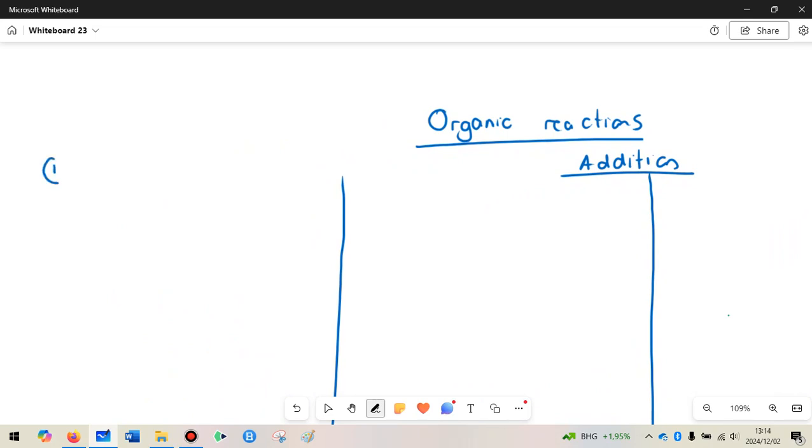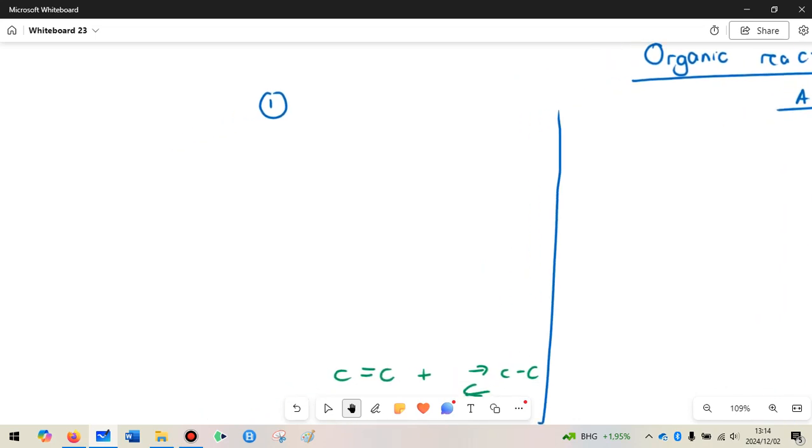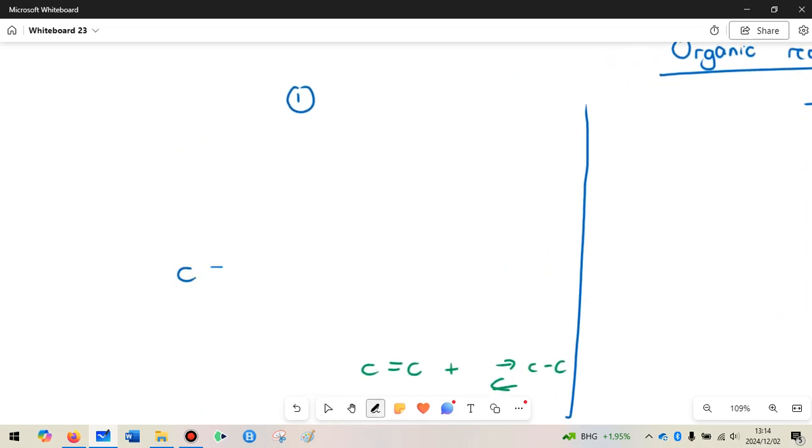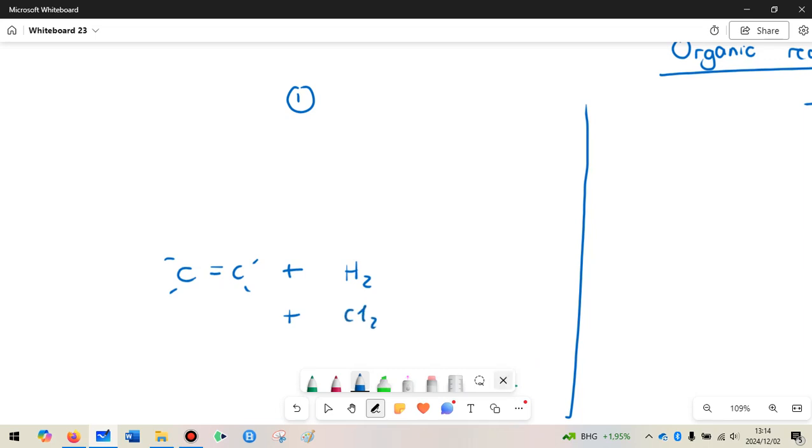So reaction 1. During addition reactions, like we said, we're going to take something that's unsaturated and we're going to add something into it. Now that thing that we add in could be a hydrogen, it could be a halogen, could be a hydrohalogen, or it could be water.